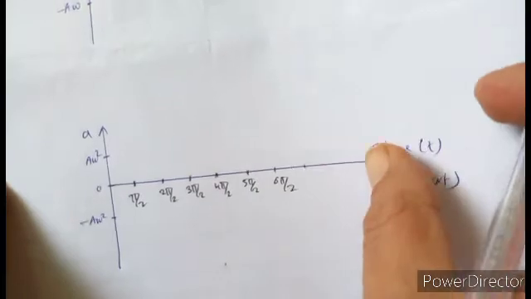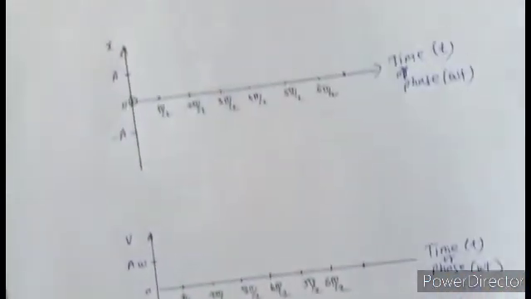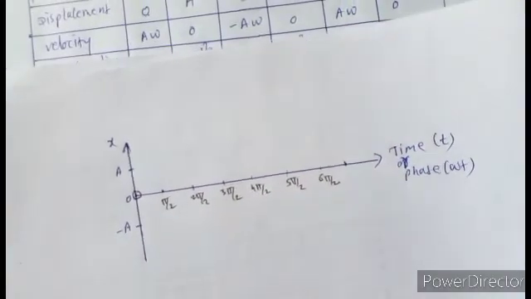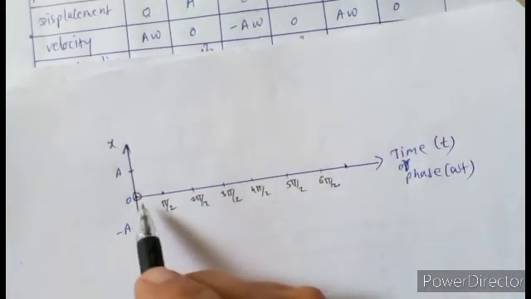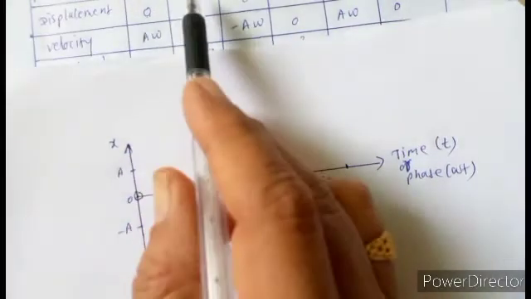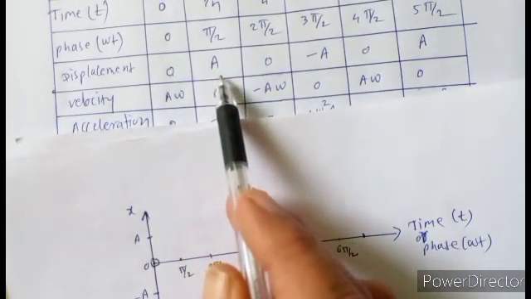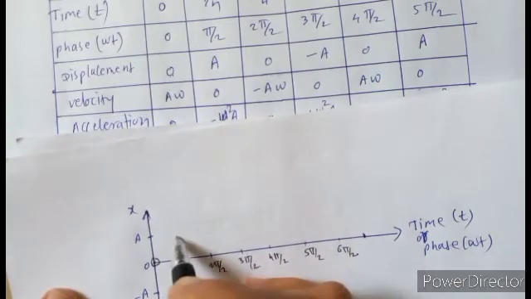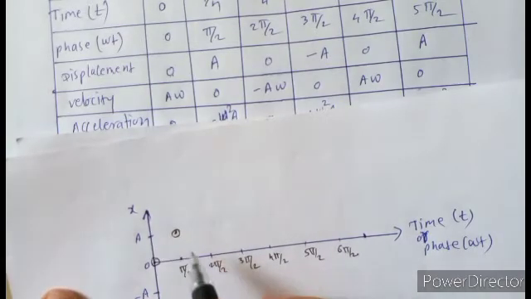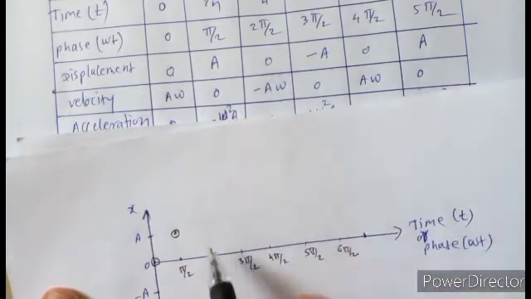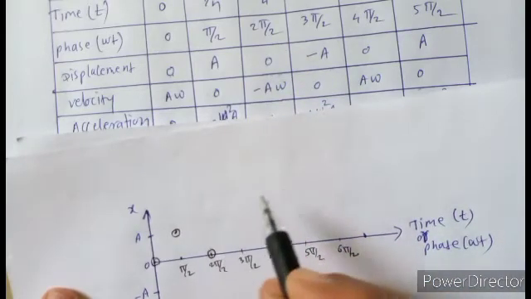Now plot the points, first for displacement. For phase value 0, displacement is also 0. When the phase value is pi by 2, displacement is positive A. Again, when it is 2 pi by 2, displacement is 0.